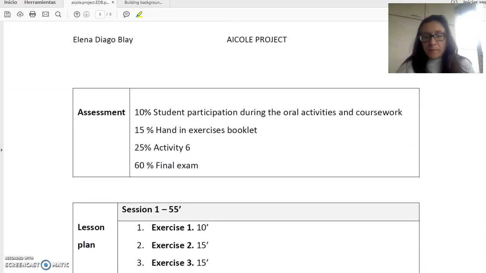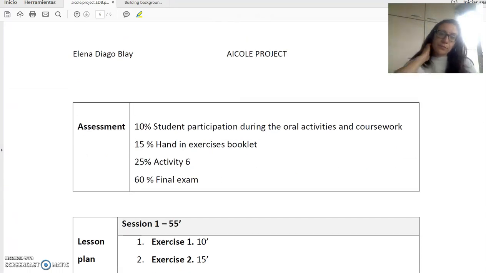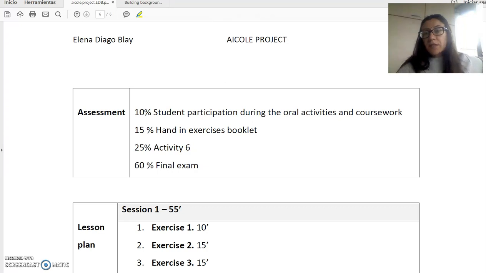About the assessment, 10% of the qualification is going to come through the participation during the activities. My plan is to go around and try to guide them during the activities or resolve some doubts in case they have any. 15% is going to be the handing in of the exercise booklet from exercise 1 to 6.